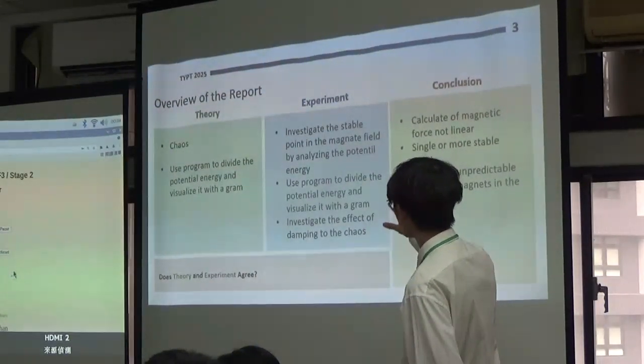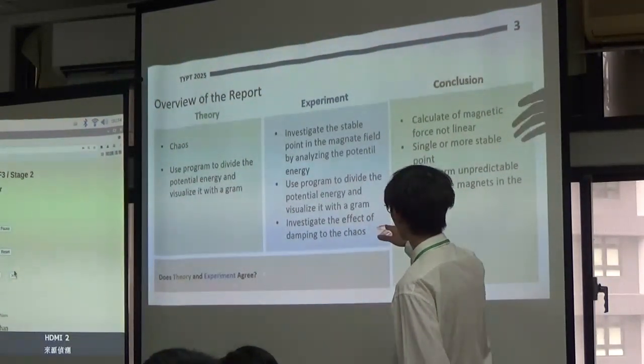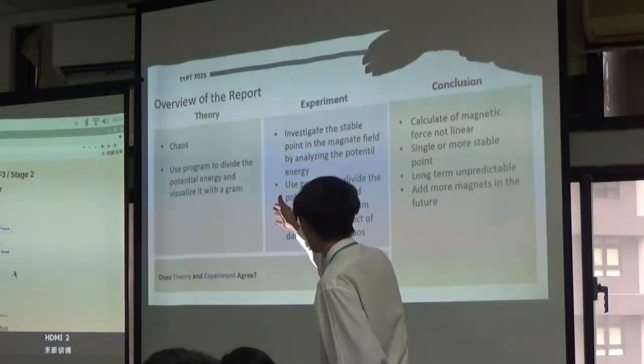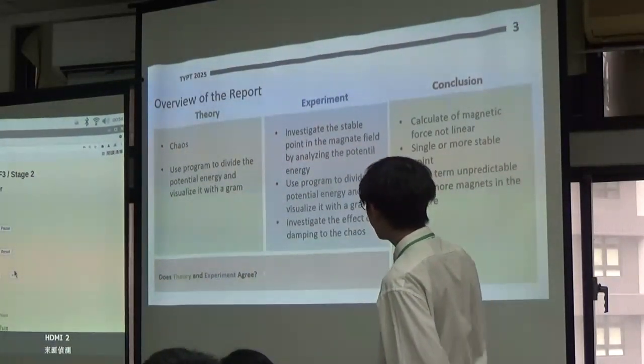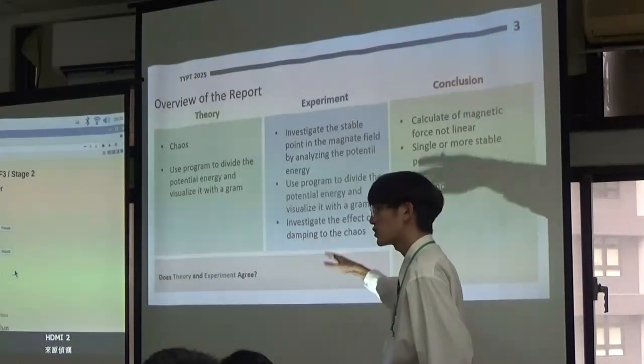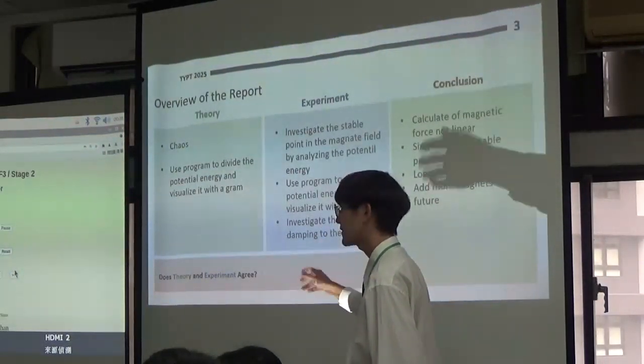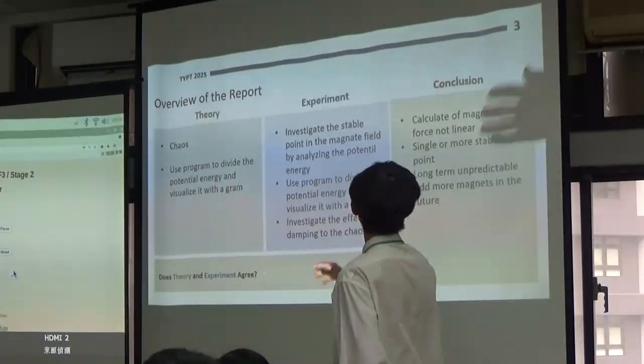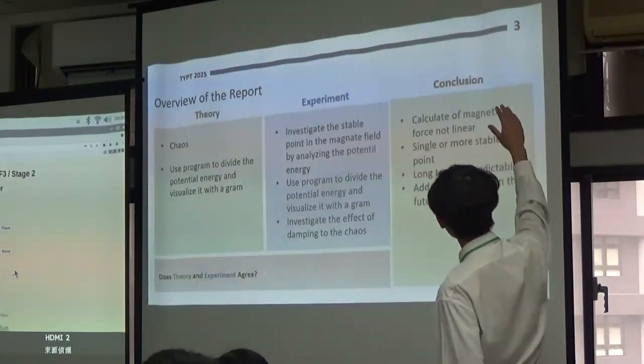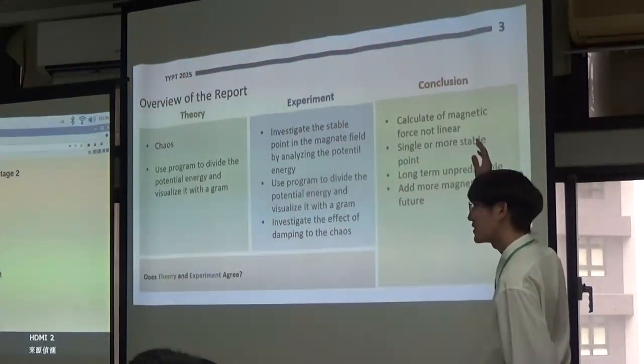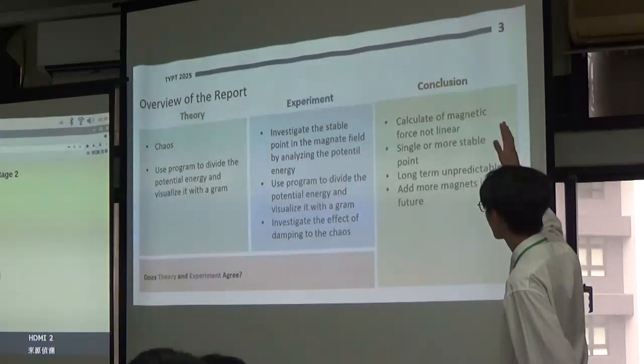And they use a program to divide the potential energy and visualize equilibrium that I have said from the theory. And investigate the effects of damping to the chaos, which is known as the distance from the fixed magnets to the bottom.